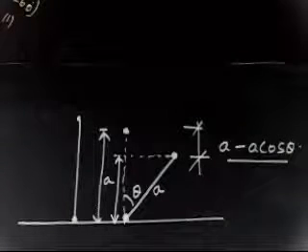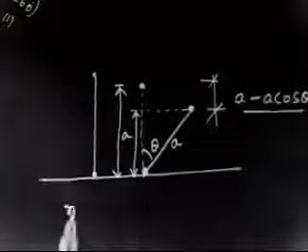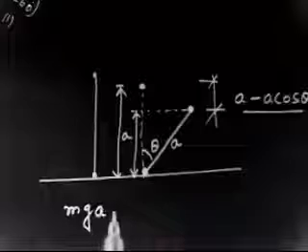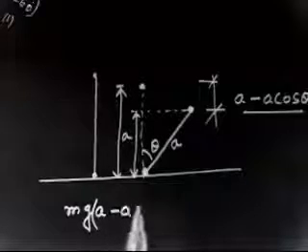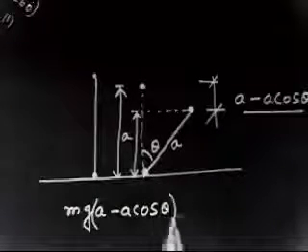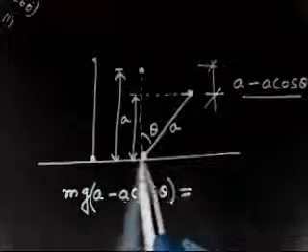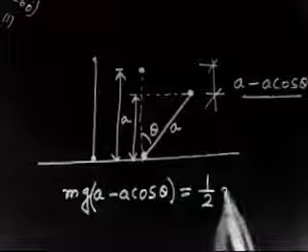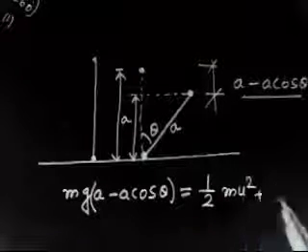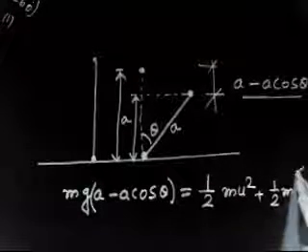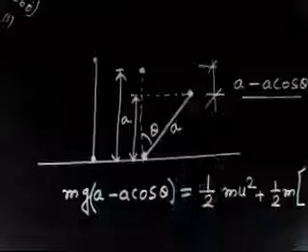So what is the loss in potential energy? If this mass has lost potential energy, mg(A minus A cos theta) is equal to gain in kinetic energy. So this mass has a speed u, half mu square plus a half m. For this mass, we have already calculated velocity.